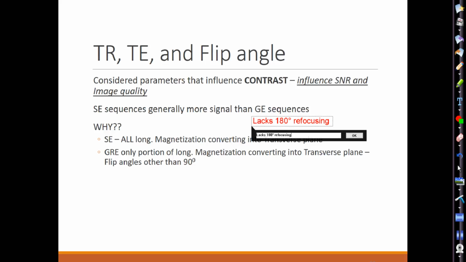Turbo spin echo really does increase our signal, but the main reason we use it is to speed up our pulse sequence. The gradients actually refocus the signal in a gradient echo pulse sequence, but they don't do it as efficiently, so our signal doesn't regrow as high.